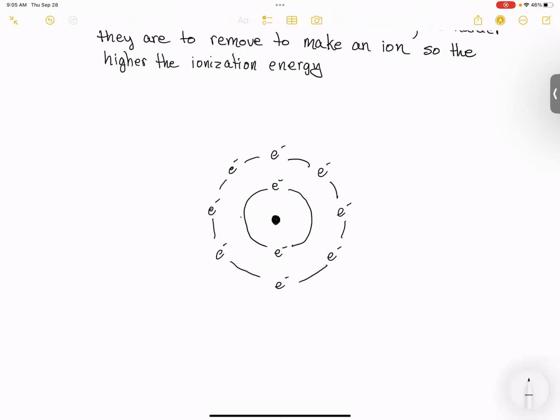And then you have our electron in question that I've been working with in this outermost shell.